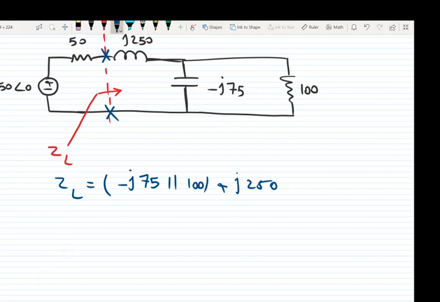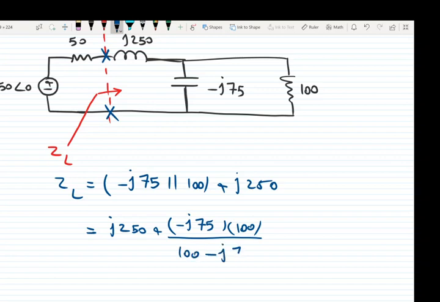It's equal to J250 plus negative J75 times 100 over 100 minus J75, which is equal to 36 plus J202.